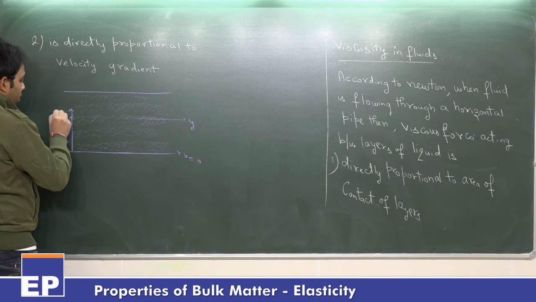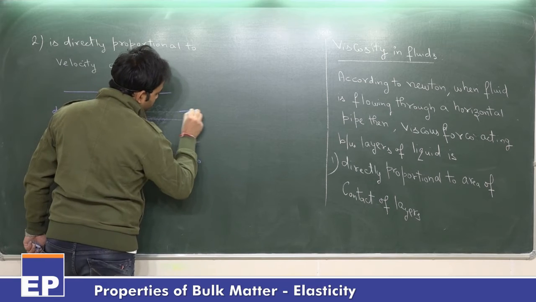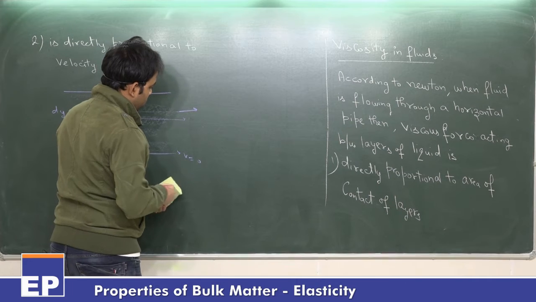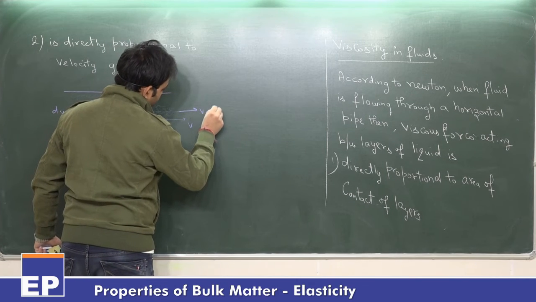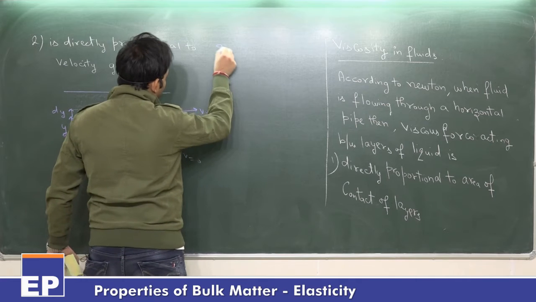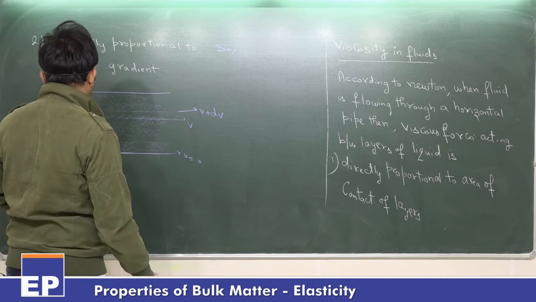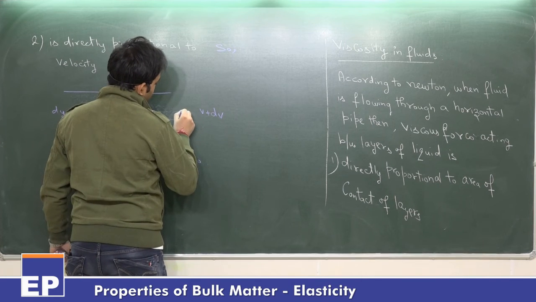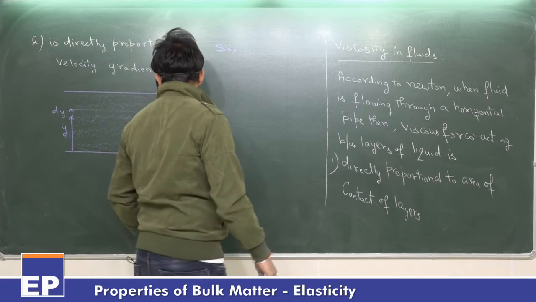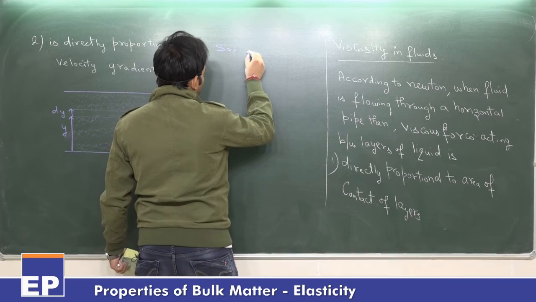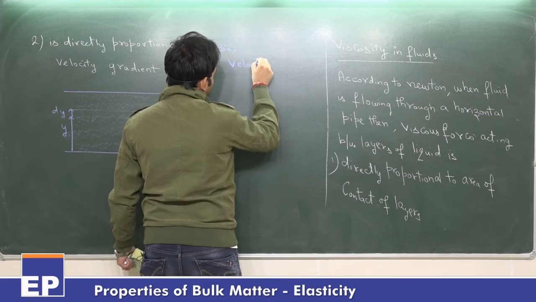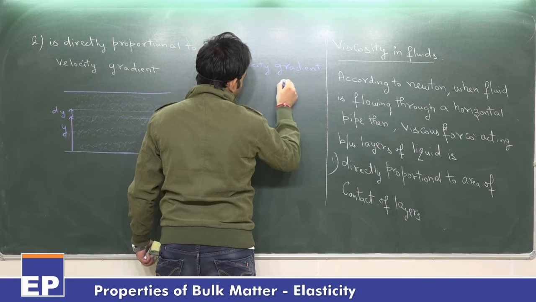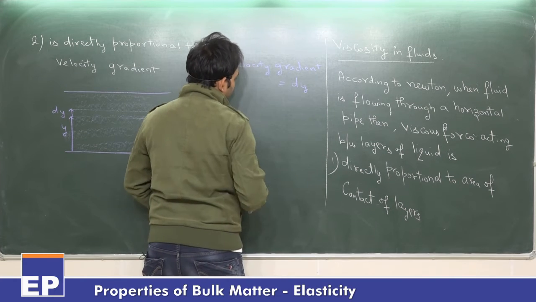But if you move more by dy, this is moving with v plus dv. So the velocity gradient is dv by dy.